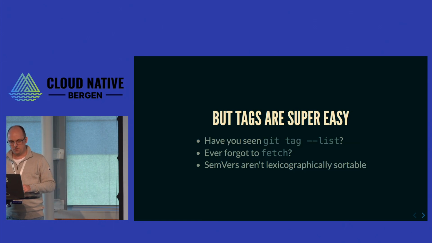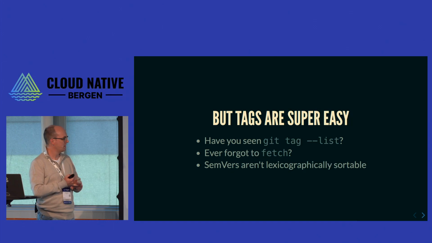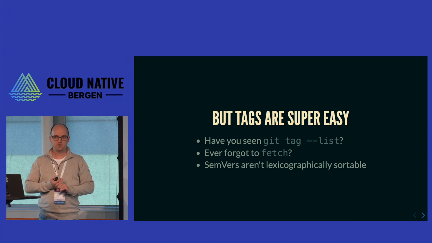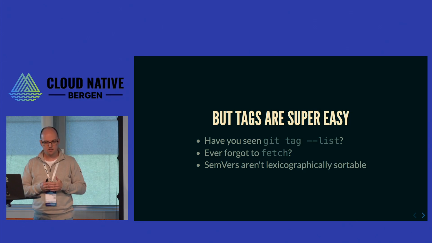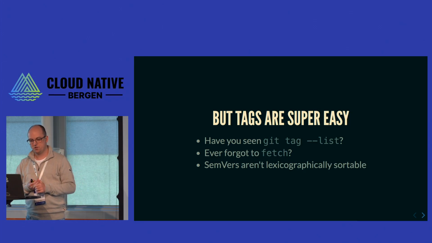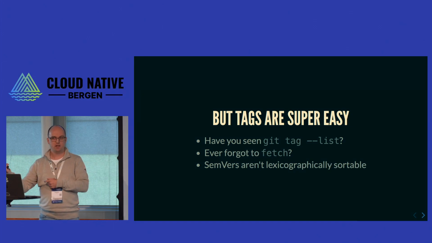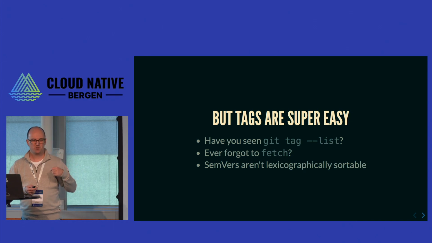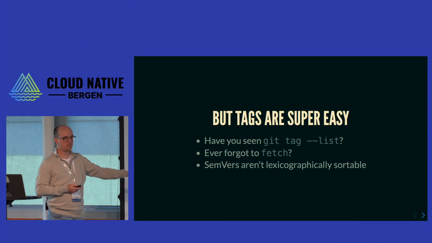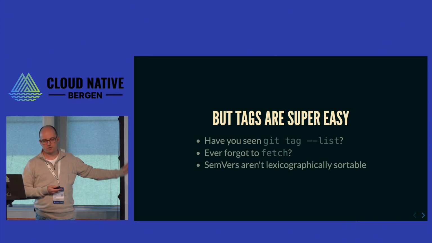Not so good. Also, tags, I mean, git tag --list is not the most convenient way to manage your tags. Some GUIs do it better. Also, if you need to make a new tag, did you remember to fetch before you tag, or are you overwriting an existing tag maybe? There's also the thing that semantic versions aren't technically lexicographically sortable.